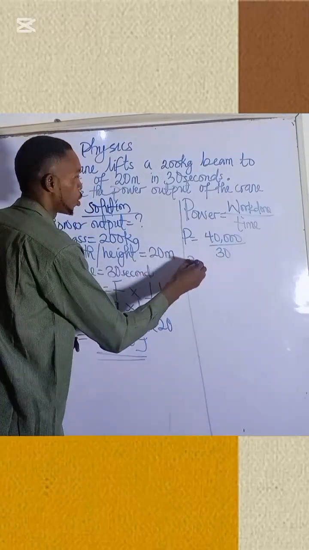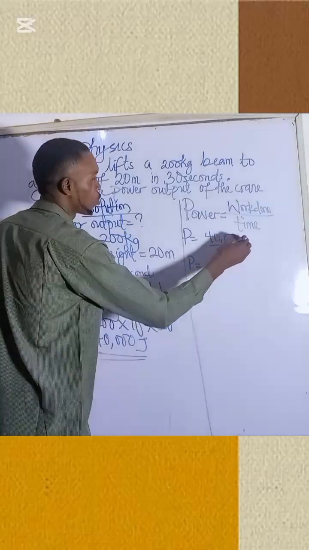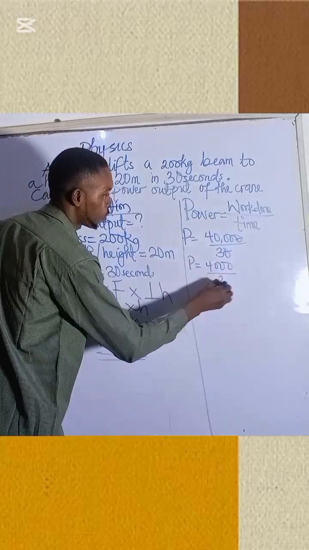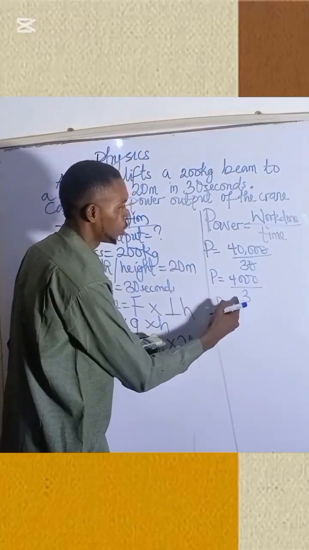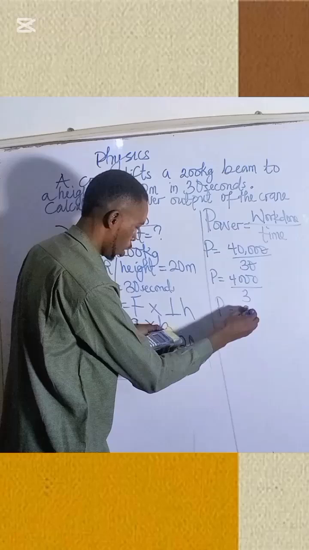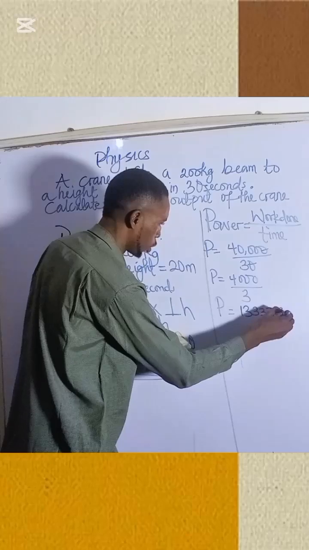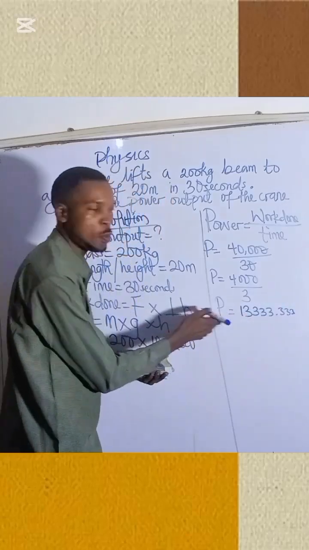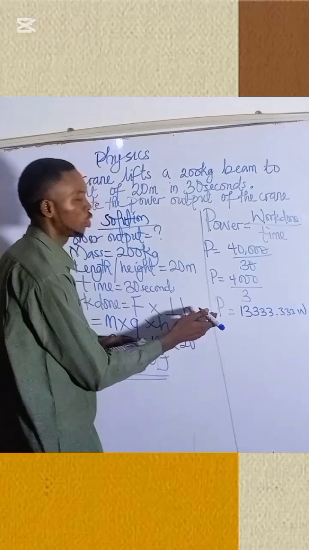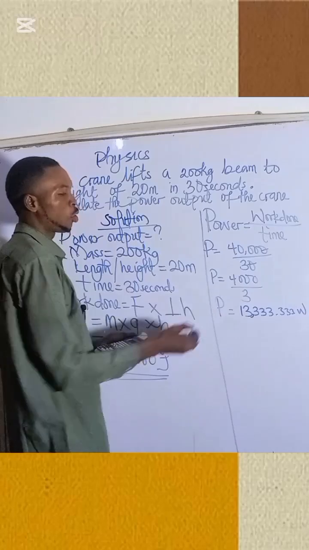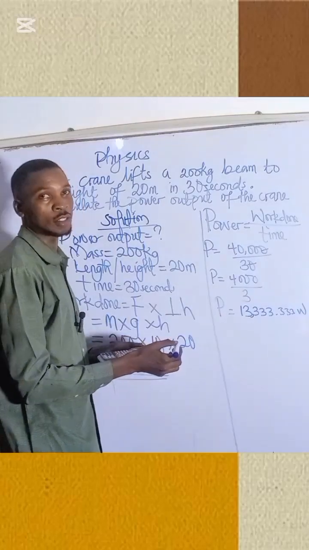So we say power is equal to, zero cancels zero, then we have 4,000 divided by 3. We're going to get 1333.333. The unit of power is watt. So the power output of this question is 13,333 watts. Do you get it?